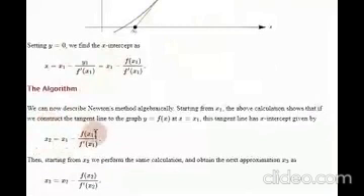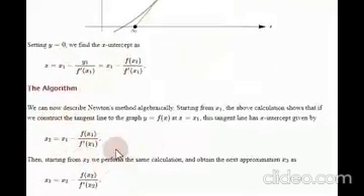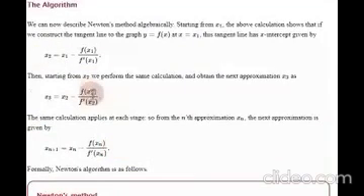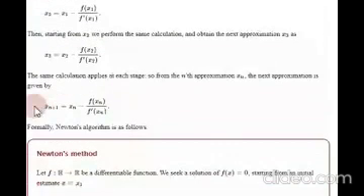The second iterate, this is the initial guess. The first iterate is equal to the initial guess minus f of x naught divided by f prime of x naught. Now we repeat this process again.